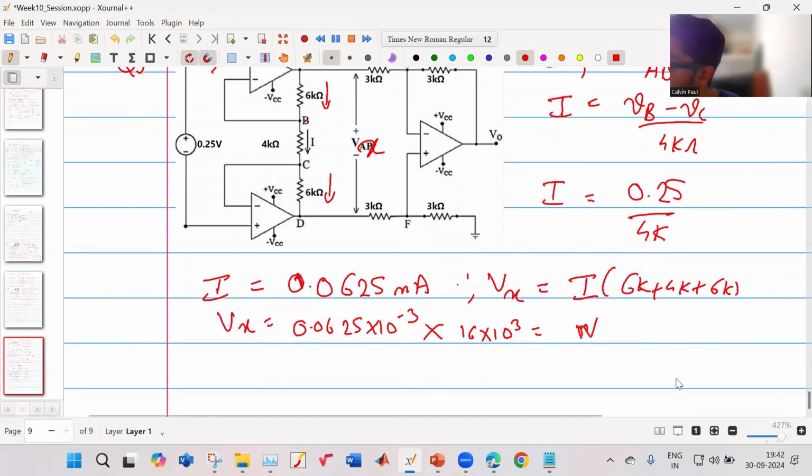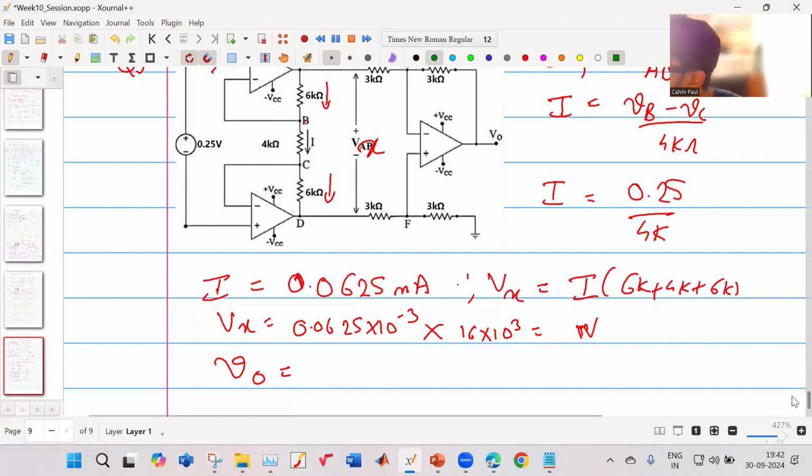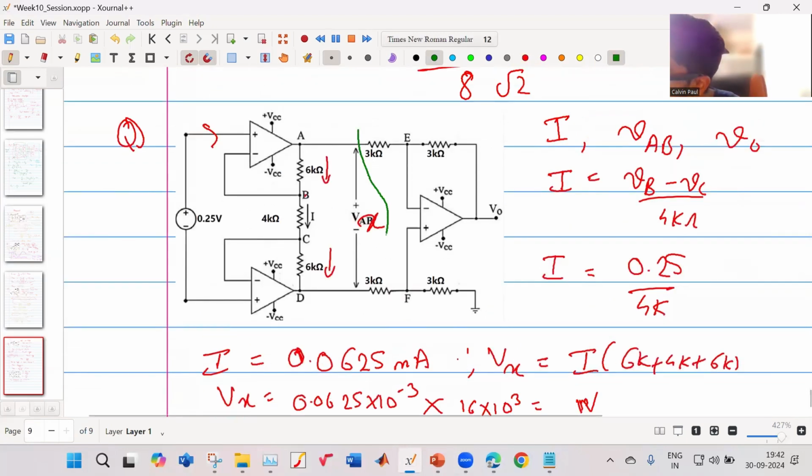Now, what should be my V output? How much is V output? So this is a difference amplifier.